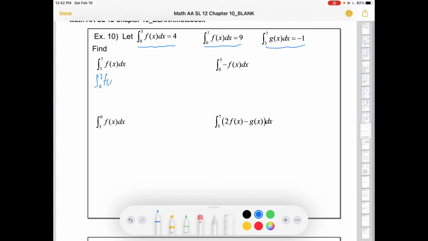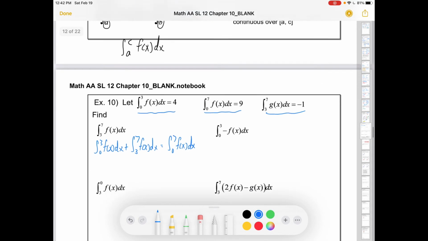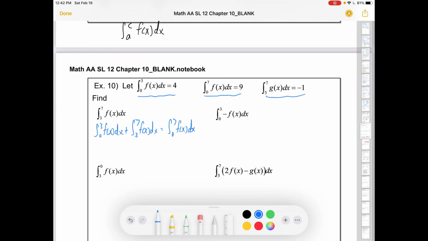The integral from 0 to 3 of f of x plus the integral from 3 to 7 of f of x is equal to the integral from 0 to 7 of f of x. Anytime you're trying to figure out what's going on at different boundaries. And that is really the fifth integration rule. And once I know that, I know that this part here is just the number 4.